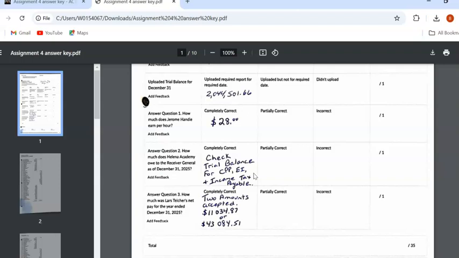So in order to find out how much is owed to Receiver General December 31st, you had to actually go to your trial balance or to your balance sheet to find the balances in those 3 payable accounts, as opposed to just looking under accounts payable for Receiver General.